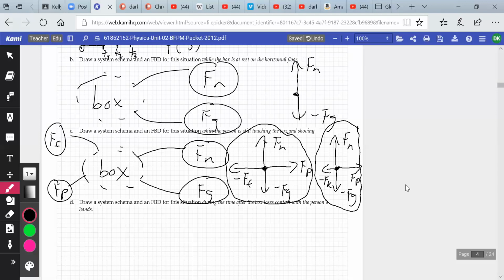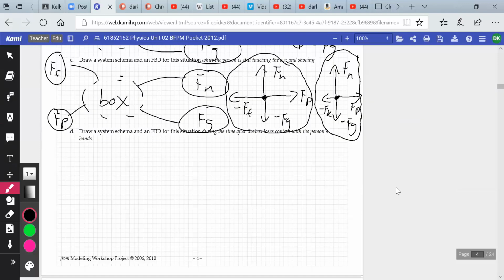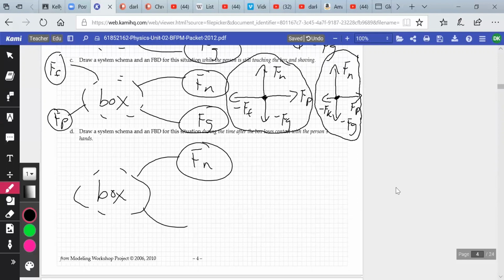And then draw system schema and FBD for the situation during the time after the box loses contact with the person's hands, okay? Again, got it for the box, right? They're still on the floor, normal force, force of gravity, and then we'll just have friction, right? FF or whatever.